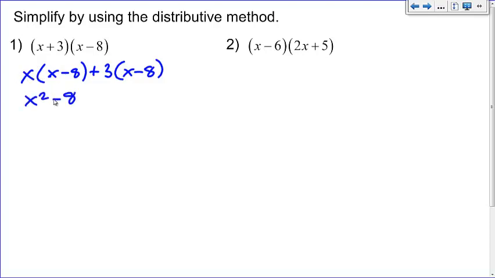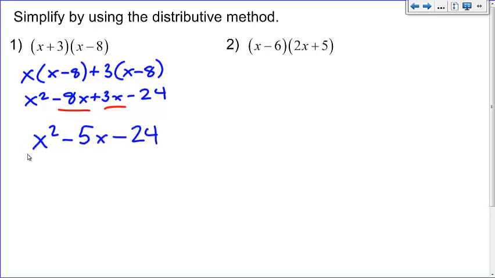X times negative 8 would give me a negative 8x. 3 times x, and then 3 times negative 8, which we know is negative 24. When we FOIL, the vast majority of the time we're going to find that we have terms we need to combine, and I can see that right here with the negative 8x and the positive 3x. So what I'll do is x squared minus 5x minus 24. There's our answer.